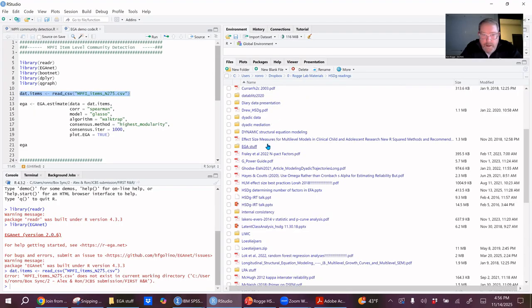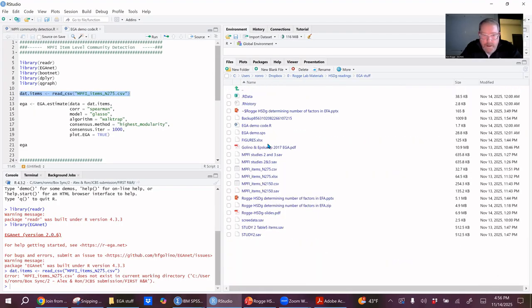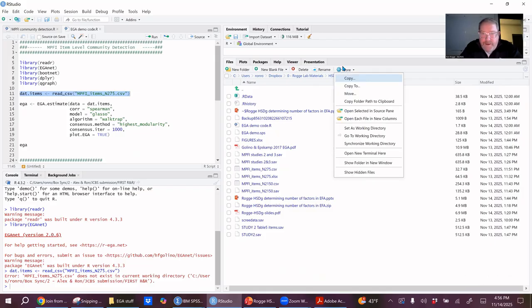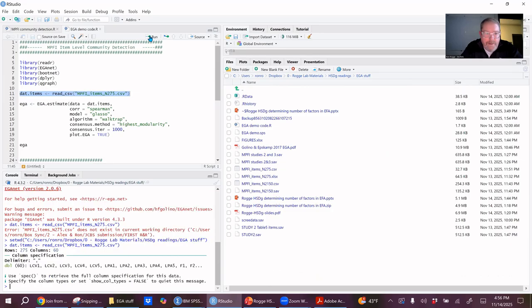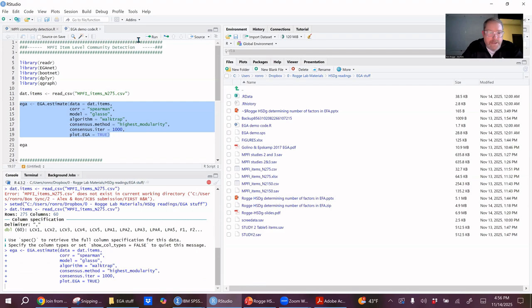Okay, here we go. I want this to be my working directory. And now this should run. There we go. Okay, we've pulled that data in. And now we run this, which does the walktrap algorithm.